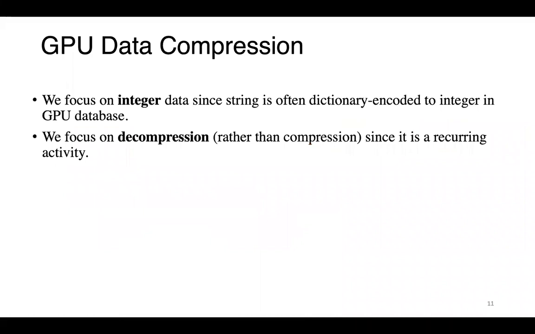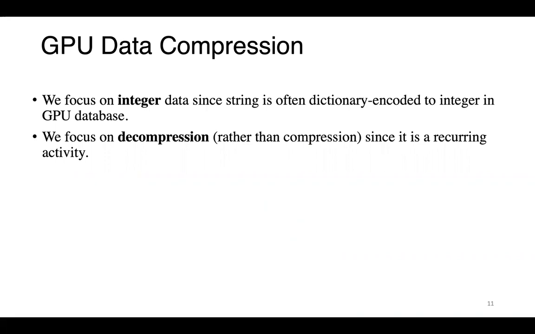In this work, we will focus on integer data types, since other data types such as strings are often dictionary encoded to integers in GPU databases. We will also be focusing on decompression rather than compression, since decompression is a recurring activity, whereas compression is a one-time activity.